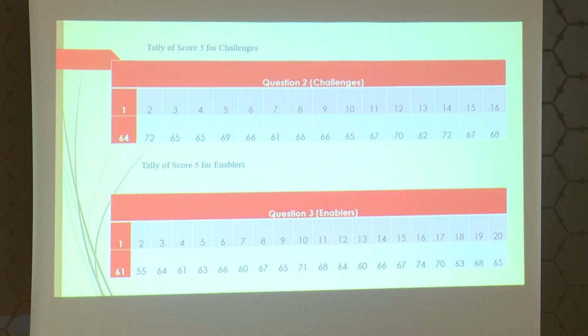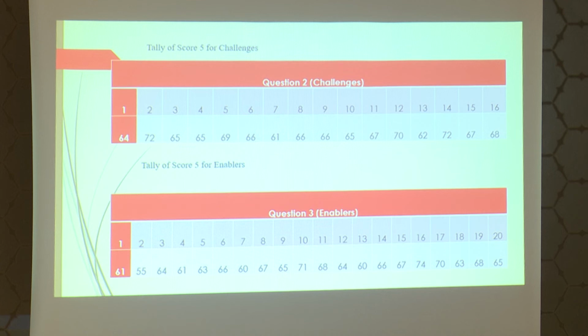So we realized something interesting here. This is the mean score, but we realized that score 5, which means cannot decide, is significant, which is a very, very interesting finding when you're running a survey. So look at this, please.